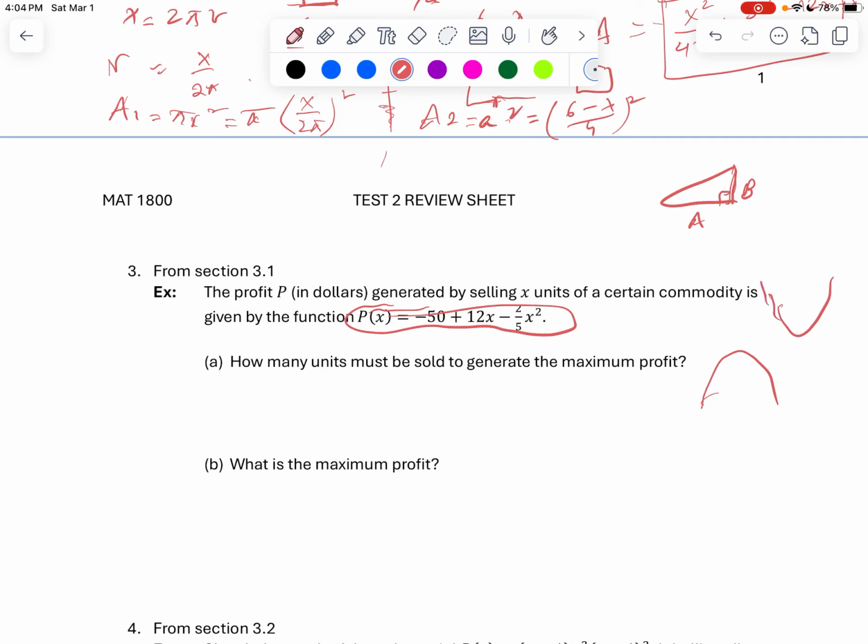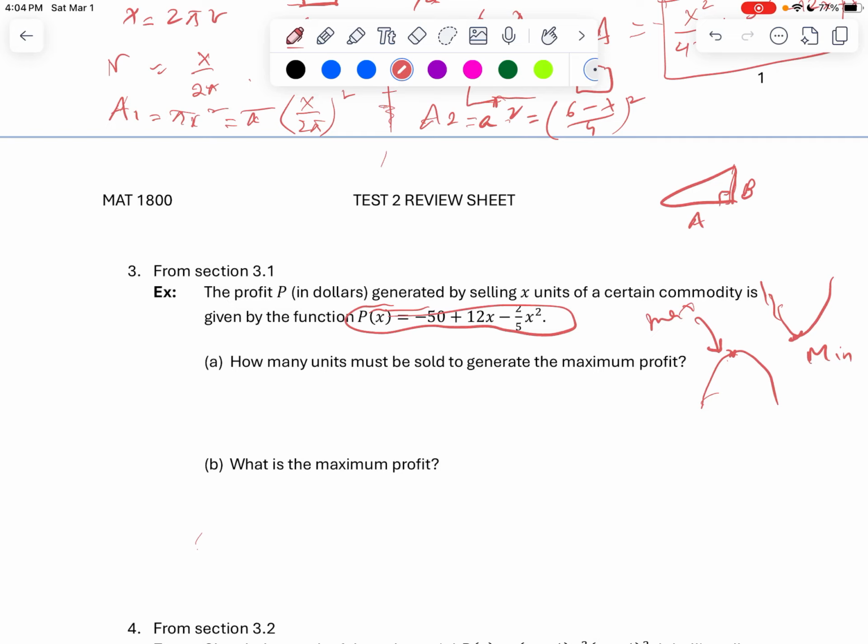If you have this shape, you'll get a max value, and if we have that shape, then we get a min value. So if the question is asking for the quantity to be maximized or a maximum of something, what do you need to figure out?